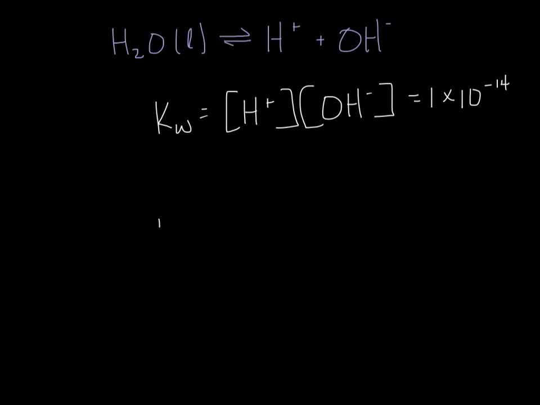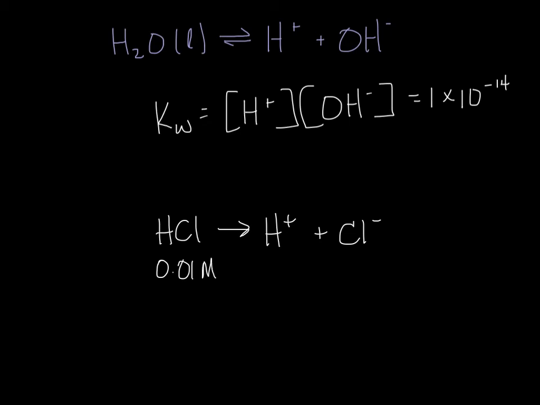So our equation is actually going to look like this: HCl, and again one arrow because it's a strong acid, so it's going to dissociate completely into H plus and Cl minus. Our hydrochloric acid concentration is 0.01 molar.